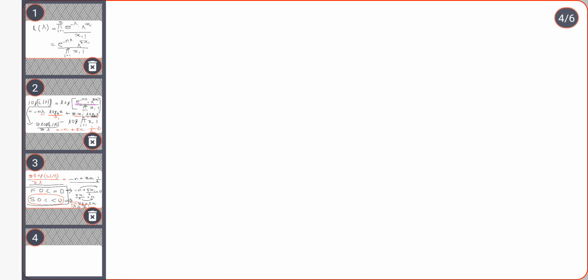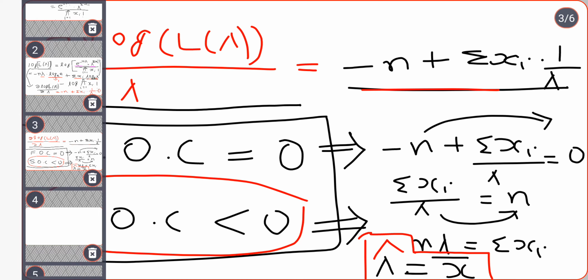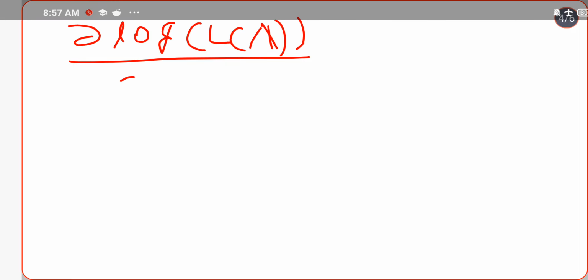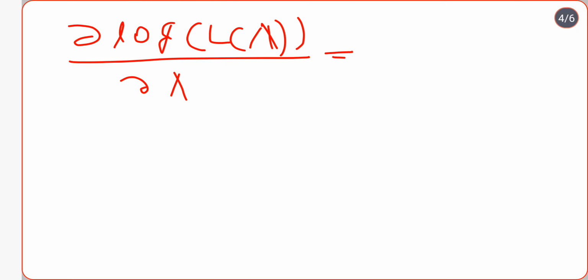So I am going to write the first order condition at first, that is del log L of lambda by del lambda equals to minus n plus summation xi by lambda.